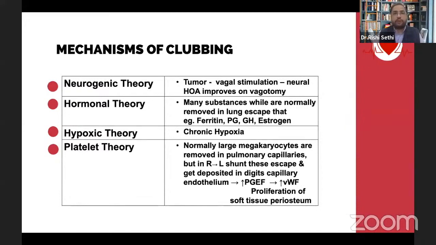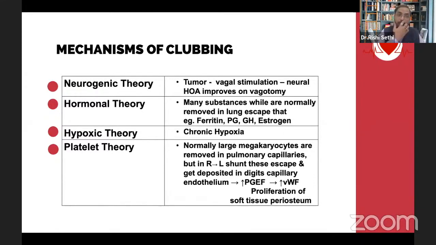There is a hormonal theory, where hormones that are supposed to be destroyed in the lungs, for example prostaglandins, gonadotropins, and estrogens, get circulated. When they bypass the lung because of a right to left shunt, they tend to cause more growth in the distal periphery and cause clubbing.